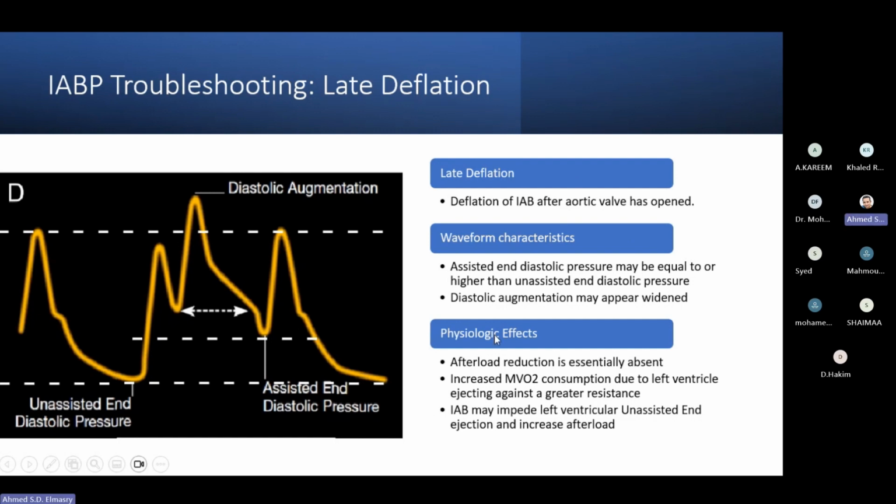So you will have very little afterload reduction, and the oxygen demand for the heart will be increased, because the aortic valve is open and the left ventricle is trying to eject the blood while the balloon is still inflated. So afterload reduction will be absent.